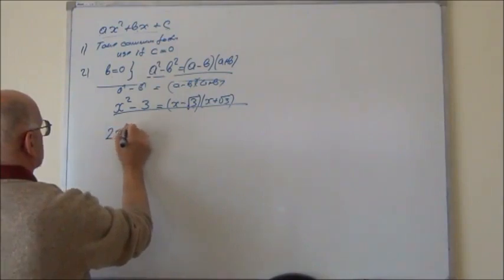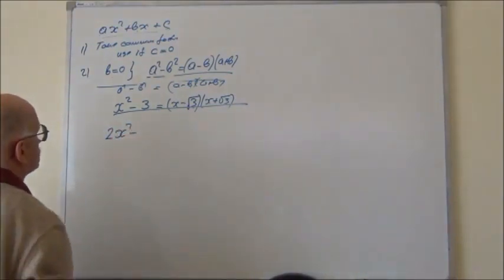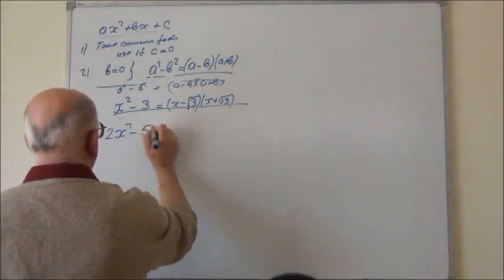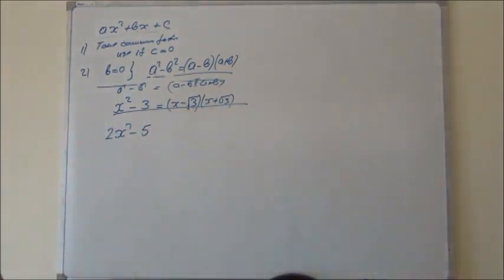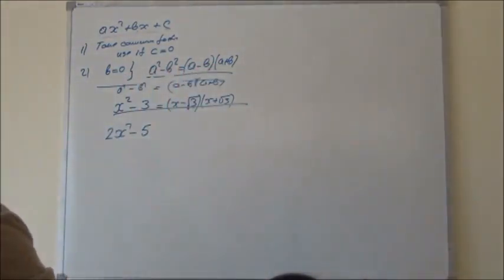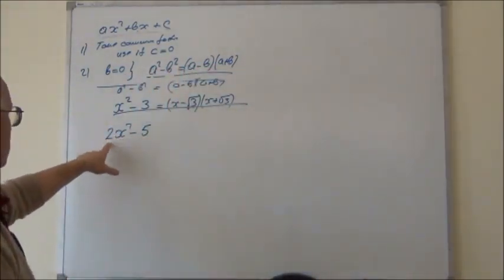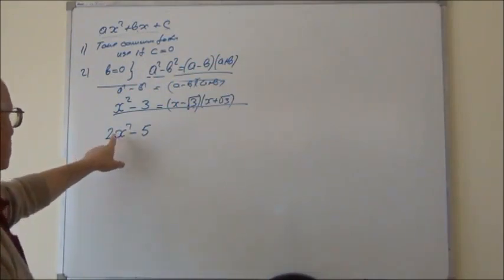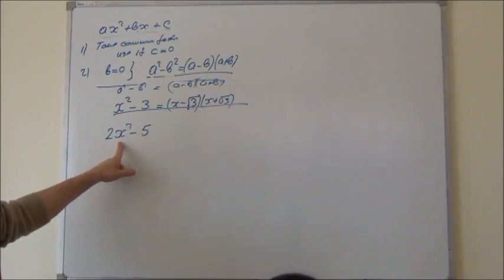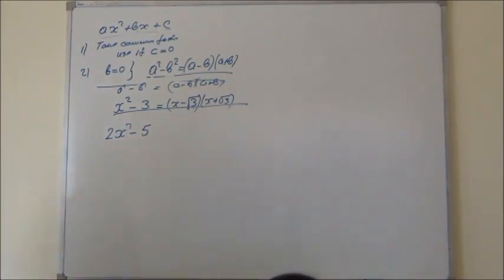2x squared minus 5. Again, if we follow this formula, we shouldn't have a problem. Only keep in mind 2 is not under this power. This power is just for x.